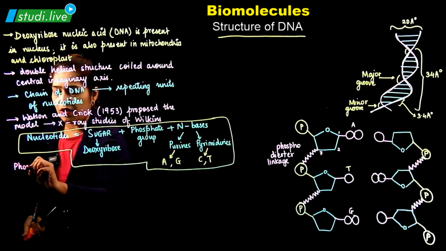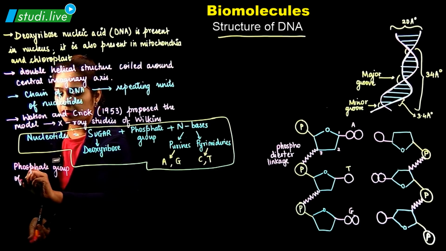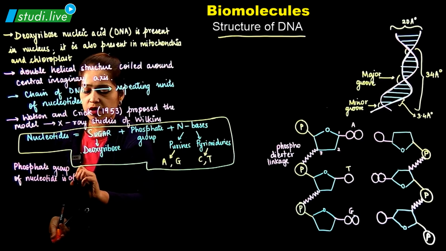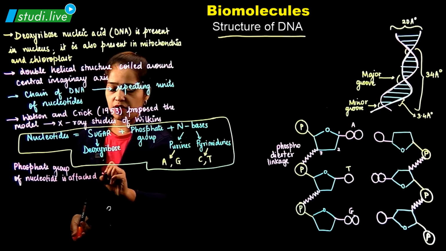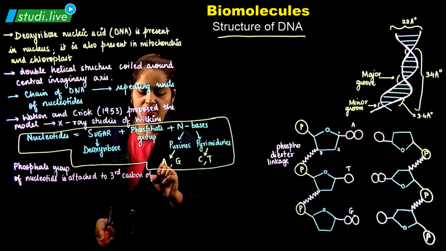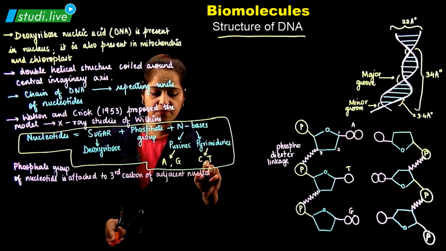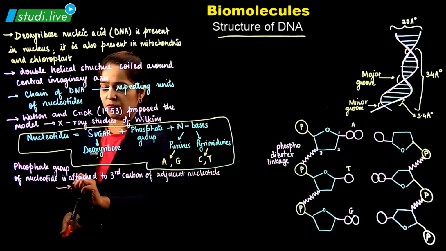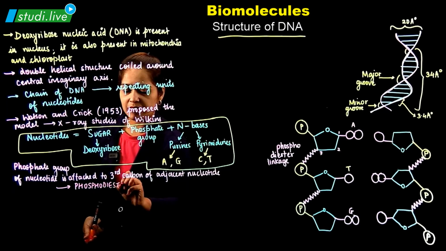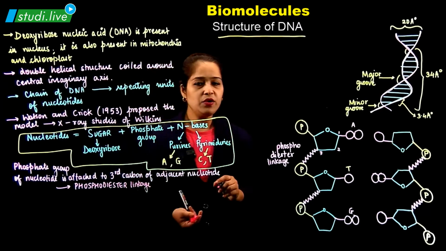The phosphate group of one nucleotide is attached to the third carbon of the adjacent nucleotide by phosphodiester linkage. Here we can see this forms the nucleotide.